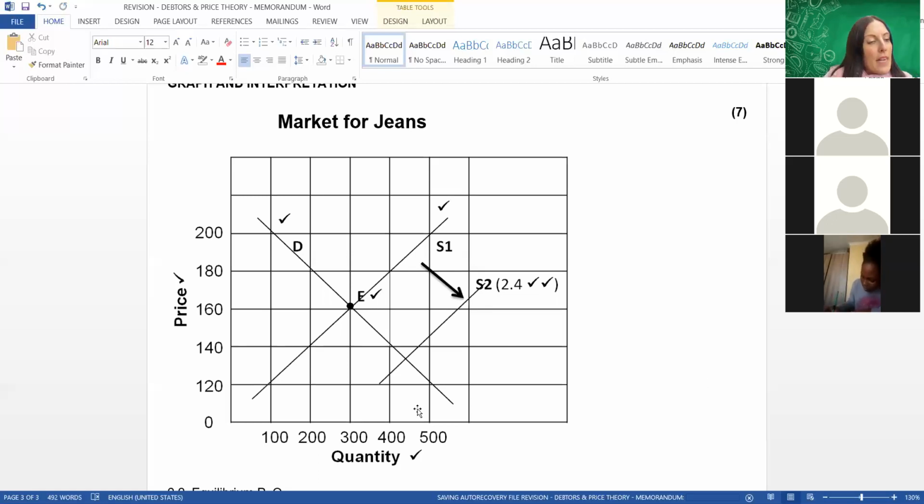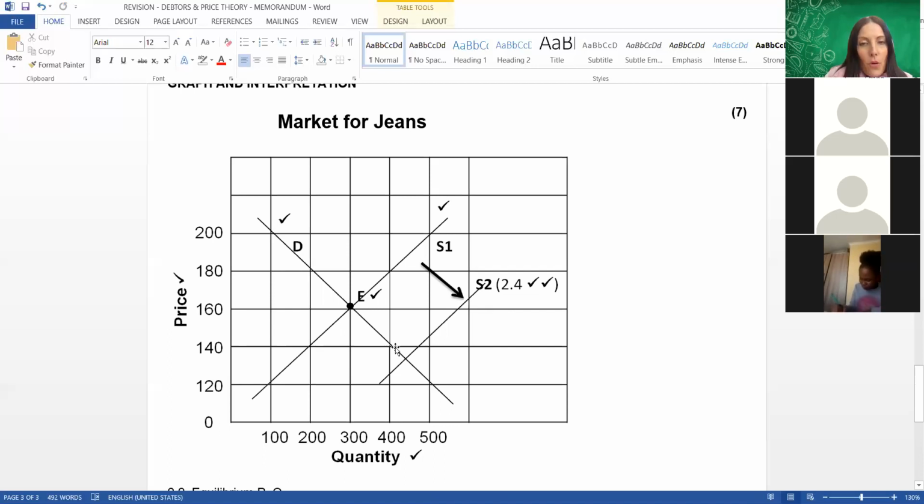So they've given us the information: the price, quantity demanded, and quantity supplied. If we look at demand, at 120, quantity demanded was 500 because it's very cheap. They would like a lot.